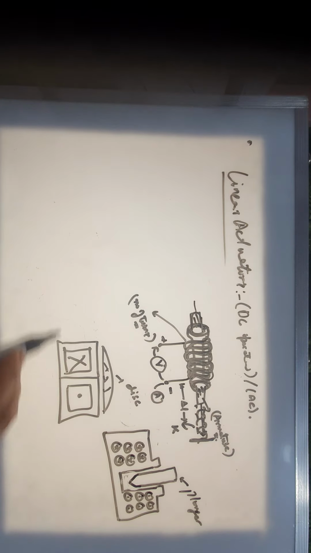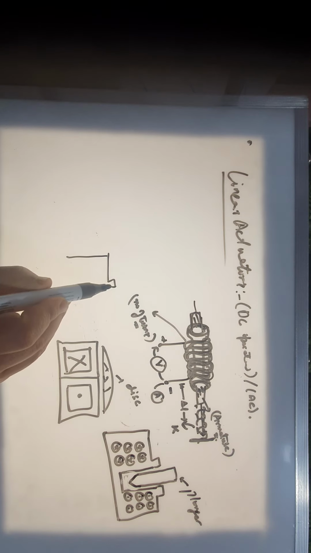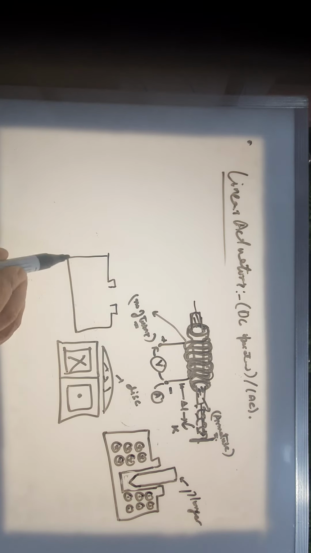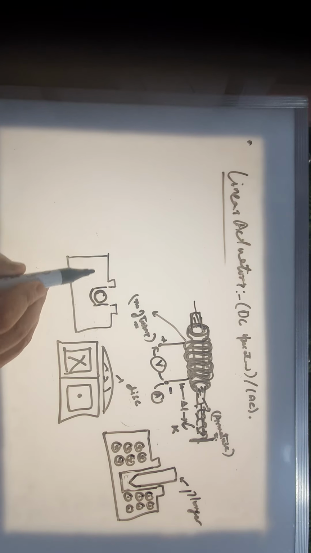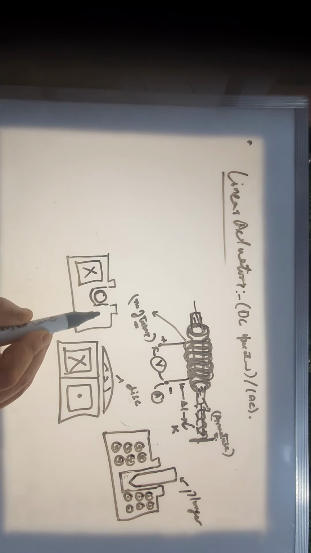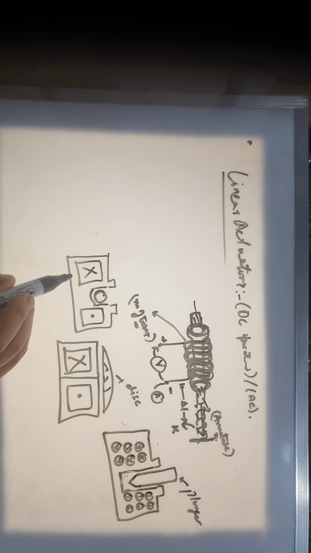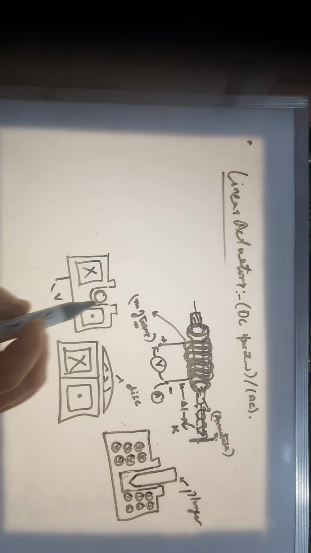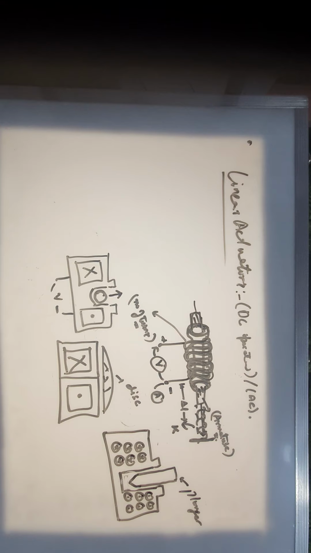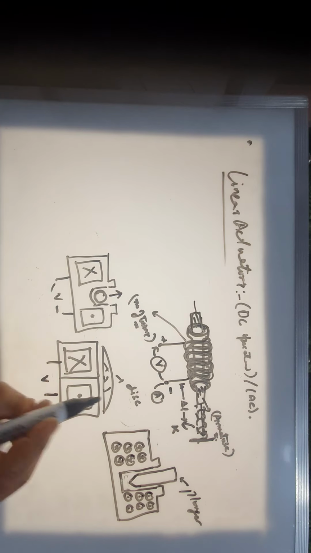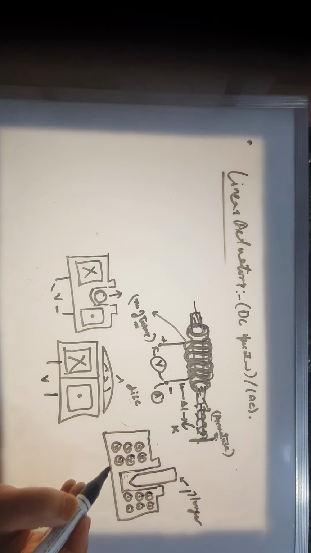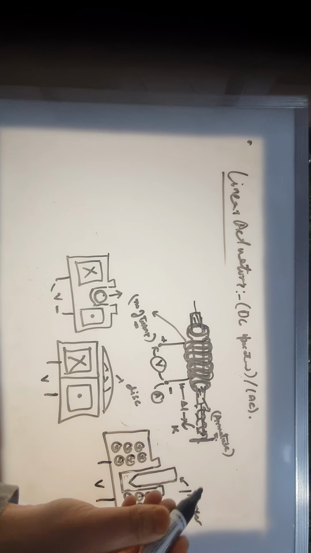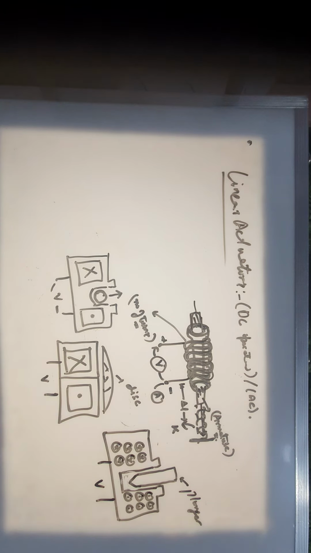And at last we have ball plunger. Whenever you provide it with the voltage, this ball is displaced up and down. When you provide it with the voltage, this disc is displaced up and down. When you provide this with the voltage, this plunger is displaced up and down. So all of them are linear actuators.